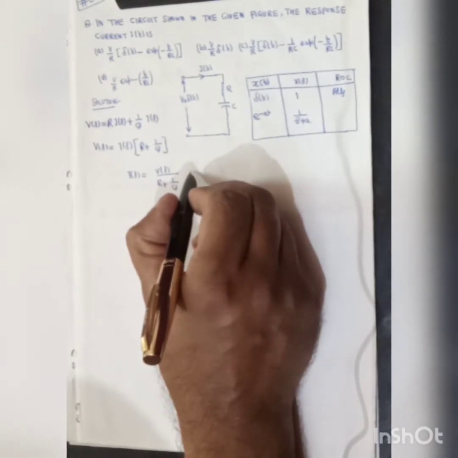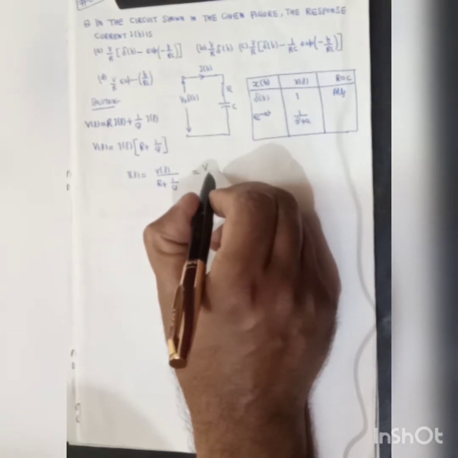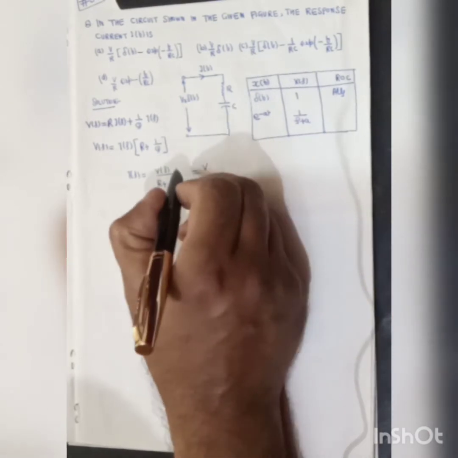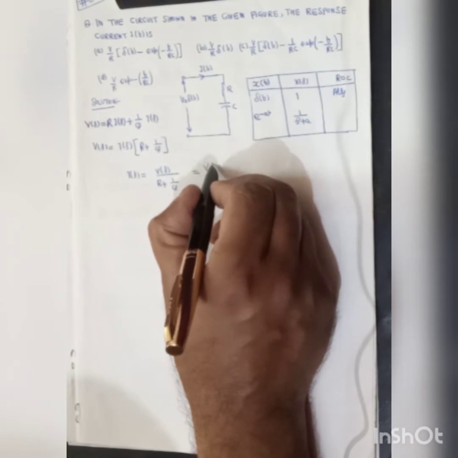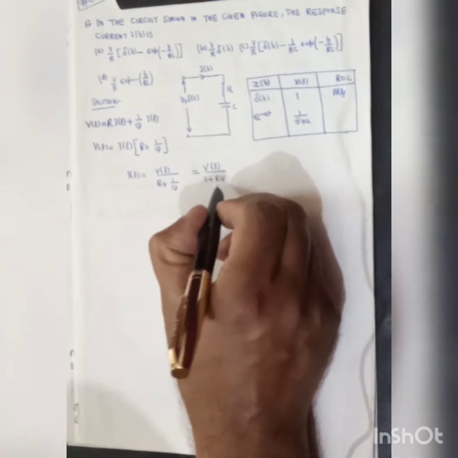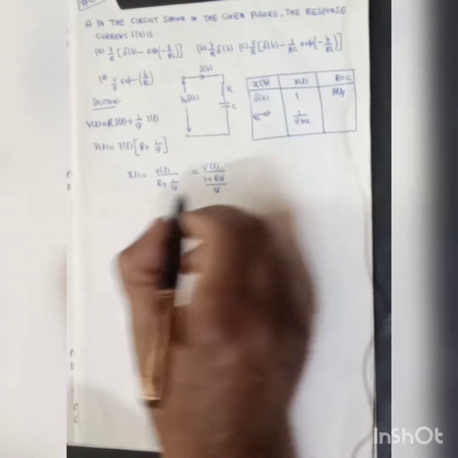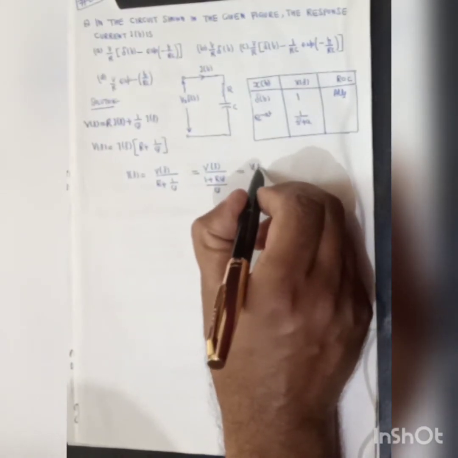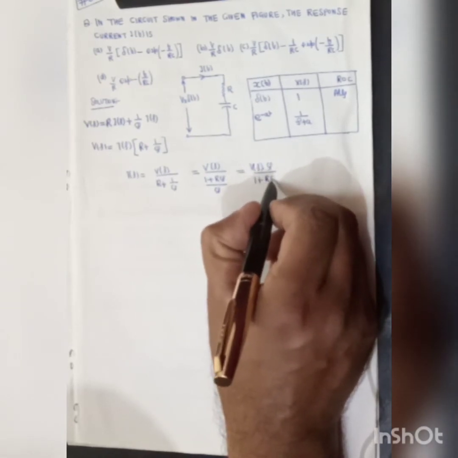In the denominator we can take common denominator, so I(s) is equal to V(s) into Cs divided by 1 plus RCs.